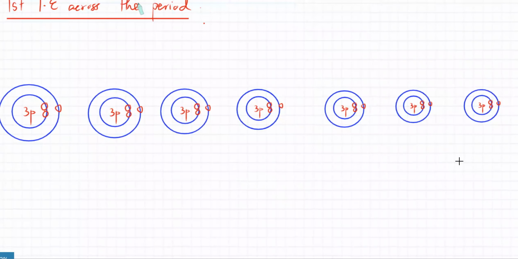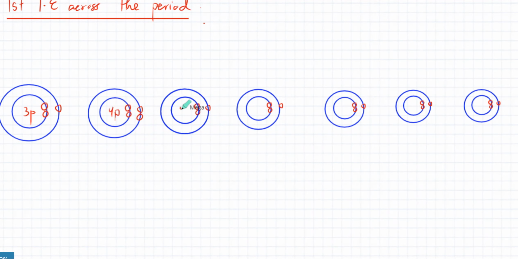One thing that happens when you move across the period is that the number of protons continuously increases. So you have lithium, the first one, then beryllium, which is 4 protons and 4 electrons as well.